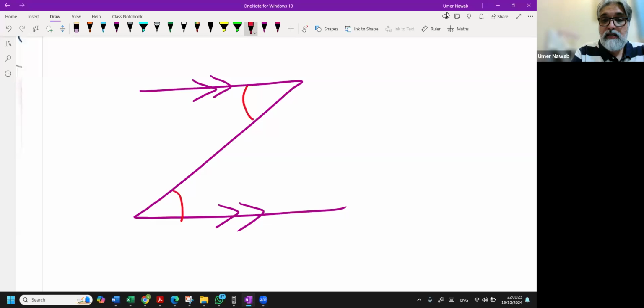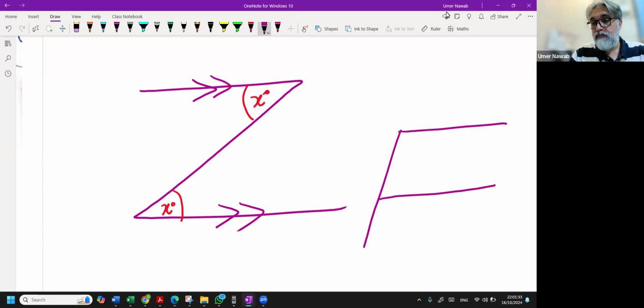This angle is equal to this, and this is called the alternate pair of angles. Another important property for parallel lines: these two angles are supplementary. So same side angles are always supplementary in parallel lines.